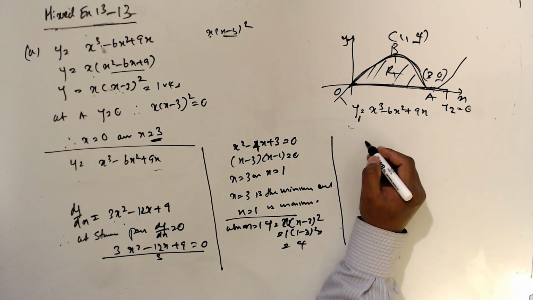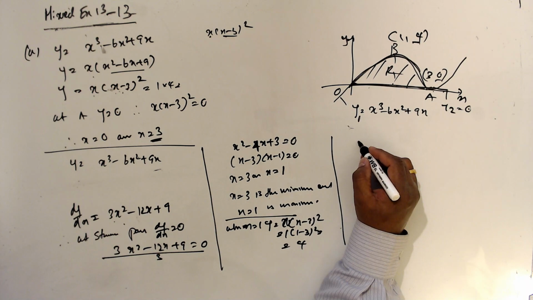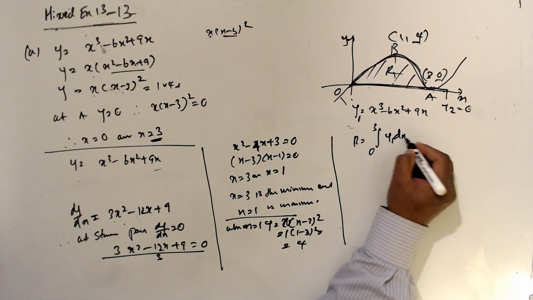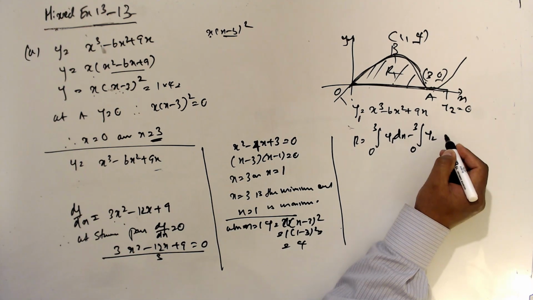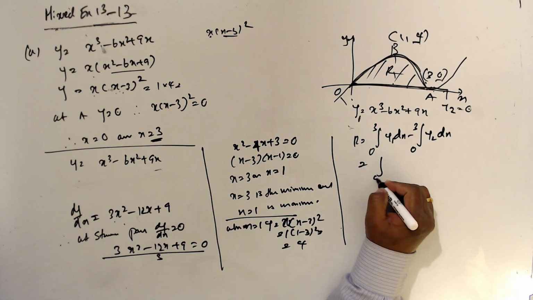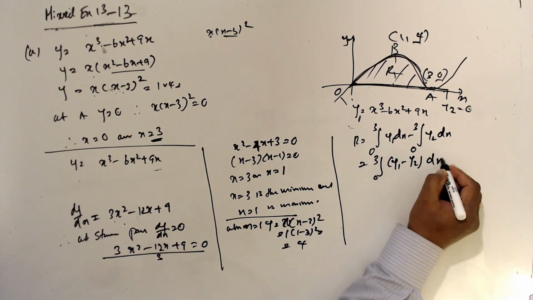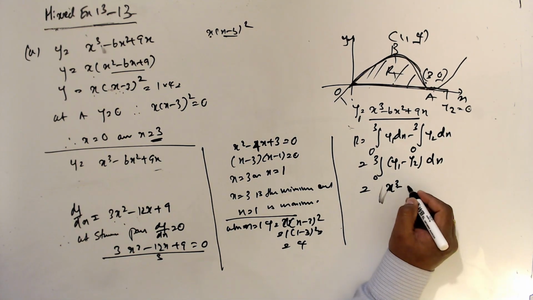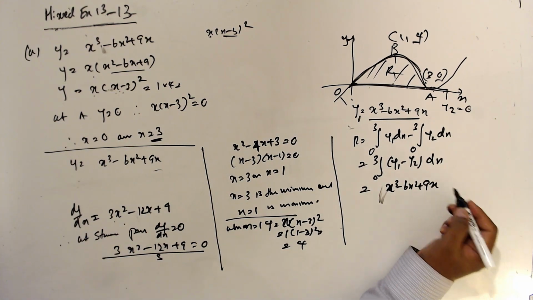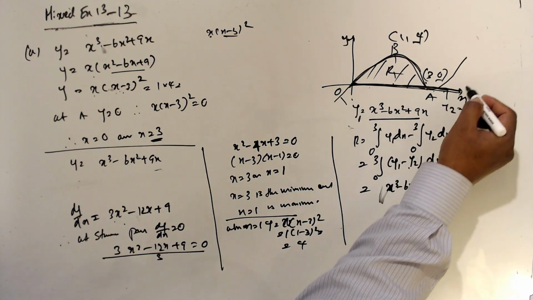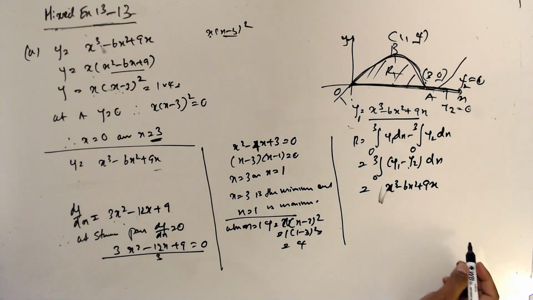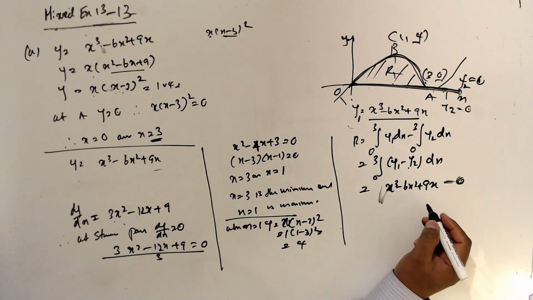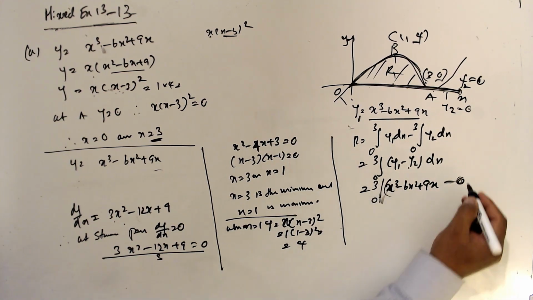So R equals integral from 0 to 3 of y1 dx minus integral of y2 dx, so this is integral from 0 to 3 of y1 minus y2 dx. y1 is x cubed minus 6x squared plus 9x, and y2 is the line y equals 0, the x-axis, so we usually don't write that one. So we integrate this from 0 to 3, dx.